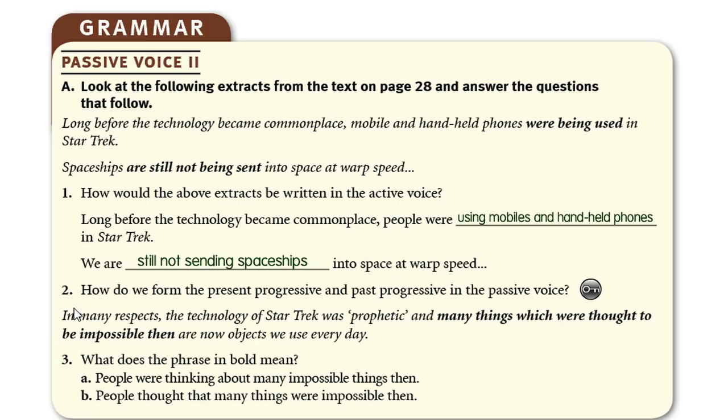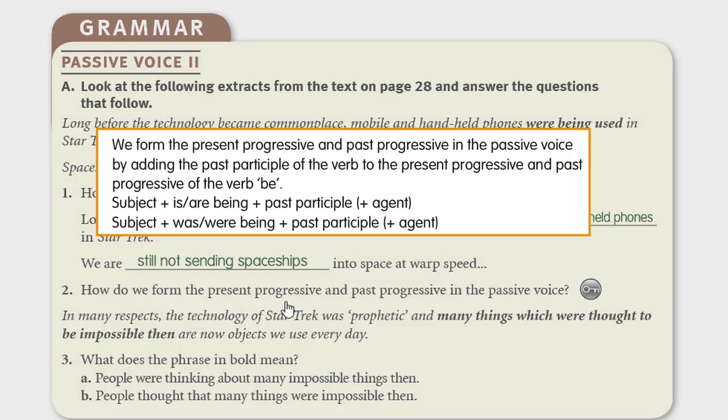2. How do we form the present progressive and the past progressive in the passive voice? كيف نكون المضارع المستمر والماضي المستمر في المبني للمجهول؟ Subject is, are, being, past participle للمضارع المستمر، بينما الماضي المستمر subject was, were, being, past participle.